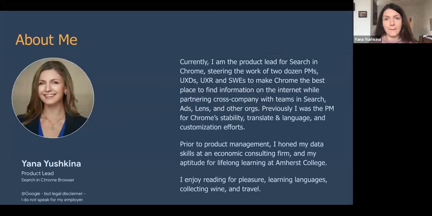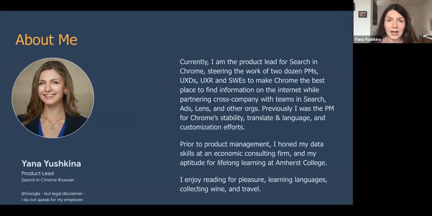A little bit about me. I'm currently the product lead for Search in Chrome, and I work with 24 or so folks on the product management ladder, with UX designers and researchers, and of course software engineers, to make Chrome the best place on the internet to find information. I also partner cross-functionally a lot with Search, Ads, Google Lens, and other folks at Google.